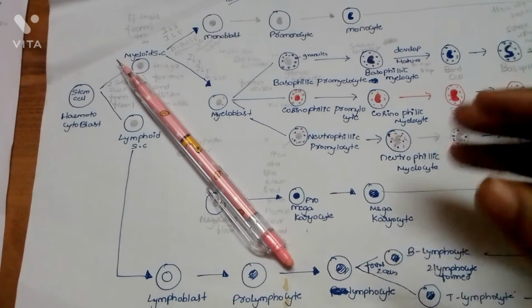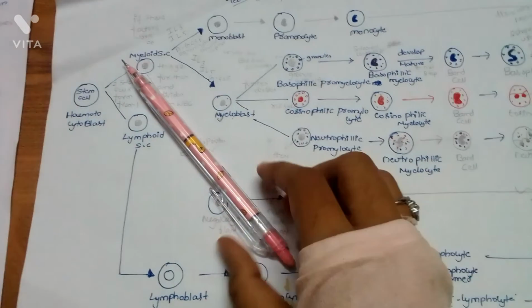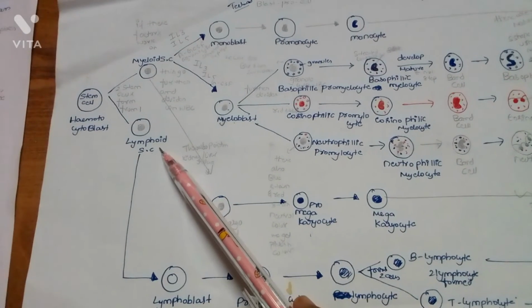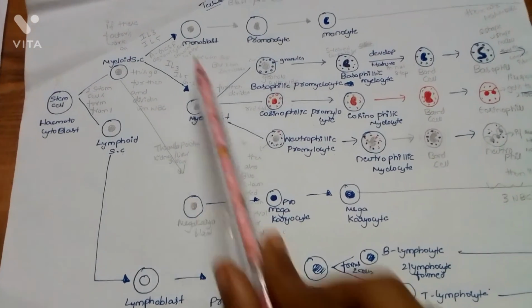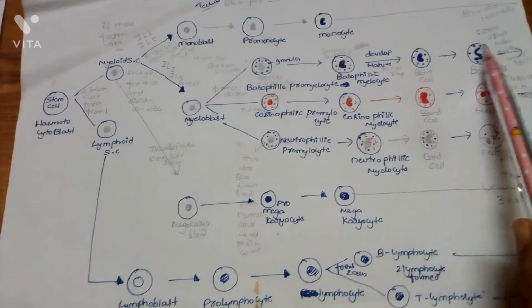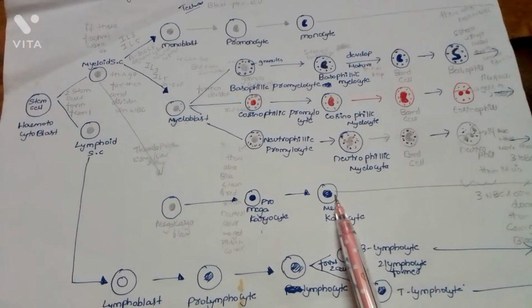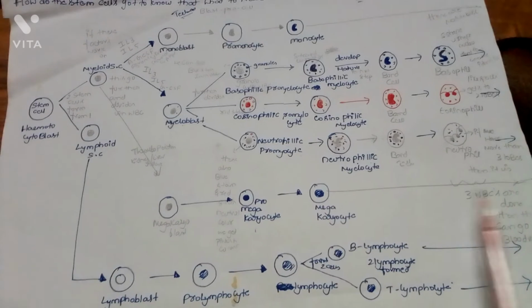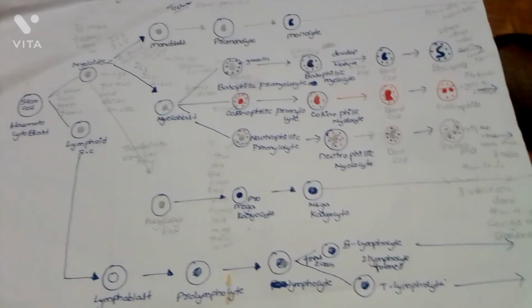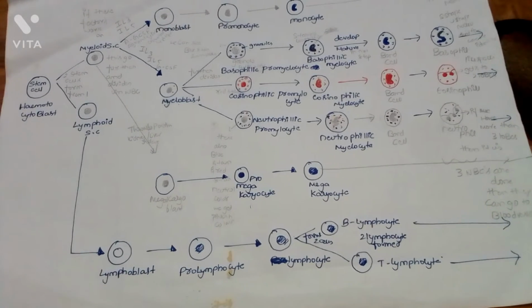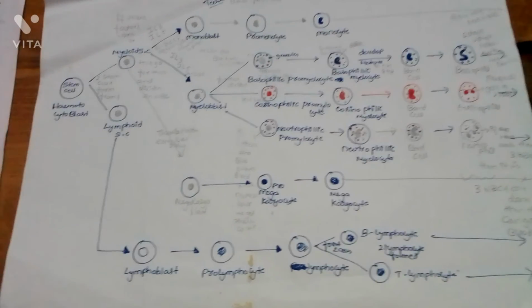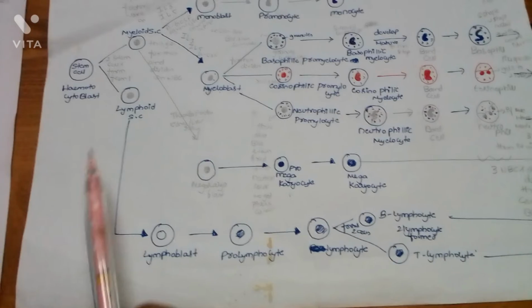Here we learnt about the stages of the leukocyte. So this is the lymphoid stem cell. From this stage the WBC is going to form. From this stage the platelets are going to form.